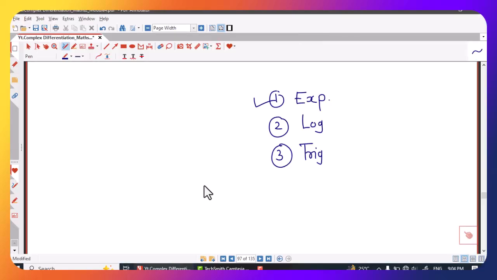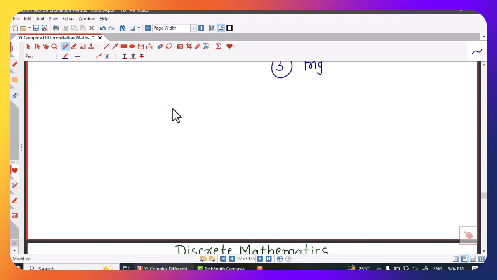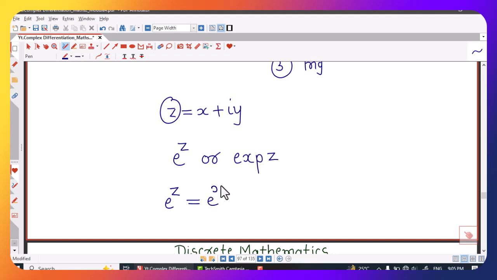Now if we have a complex variable denoted by z equal to x plus iy, then the exponential function of this complex variable is denoted by e raised to z, or they use this notation also, exp z, that is exponential of z, and is defined in this way: e raised to z, that is e raised to x plus iy, and this we can write as e raised to x times e raised to iy, and using Euler's formula, e raised to iy is nothing but cos y plus i sin y.